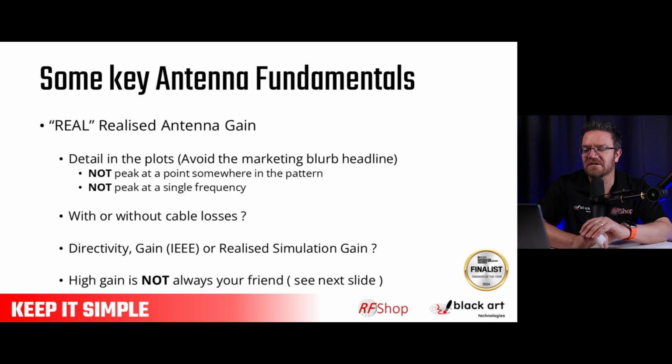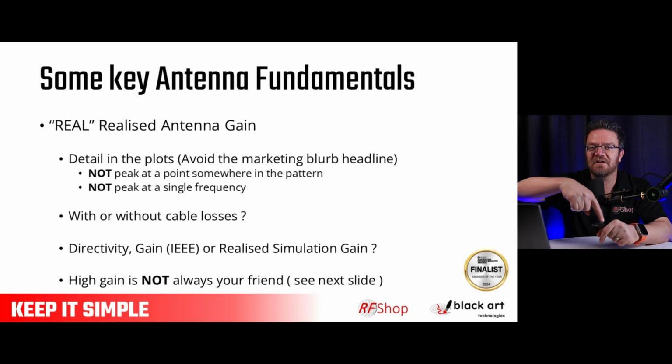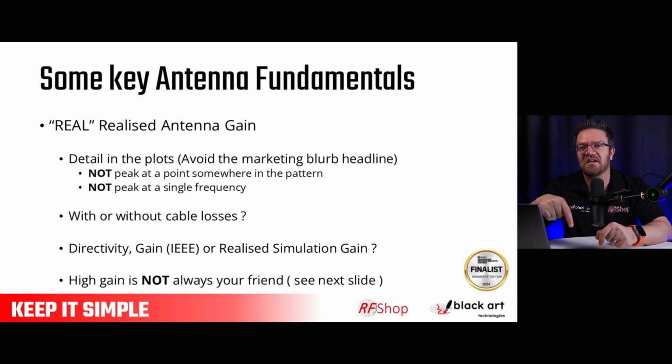An example: if you have a radiation pattern, it may say it is a 6 dBi omni antenna, but it happens to be more like 4 dBi. But somewhere in the pattern, if it's an omni antenna, it has a peak that hits 6. Then, good, it's a 6 dBi omni. Not if you think that 6 is the whole band, then it's not true. So half-truths are a dangerous place to be.